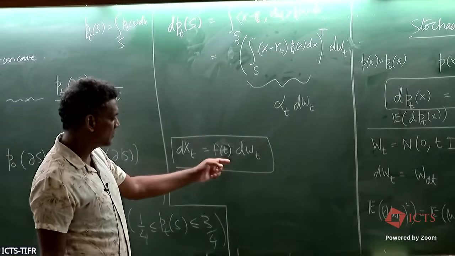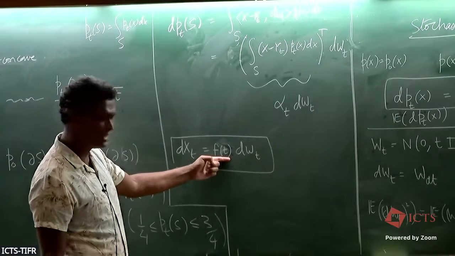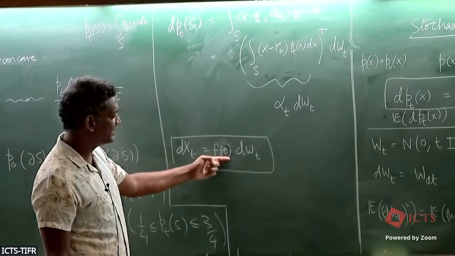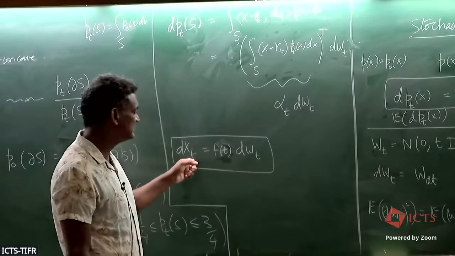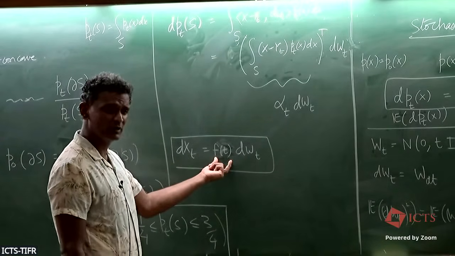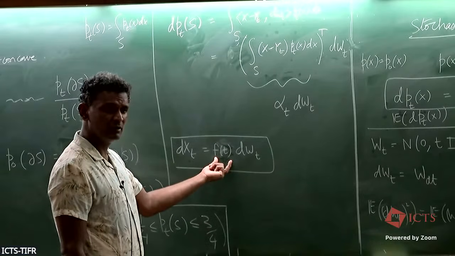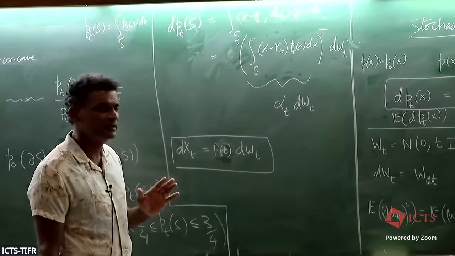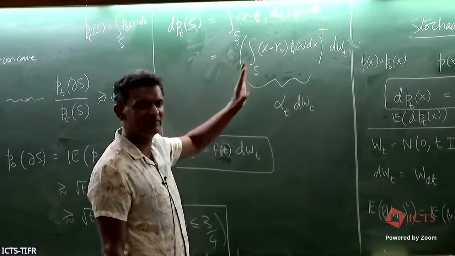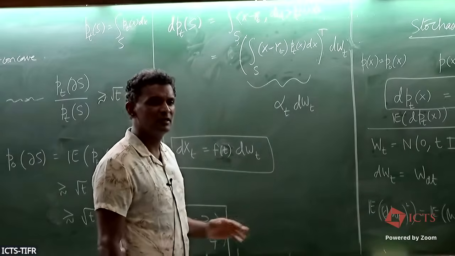So I'm not restricting how this FT appears. This FT is some function of time alone. It does not depend on X. Whatever it is, at time t I'll give you a fixed vector, and that vector depends on a lot of things. In particular, the whole history of WT.